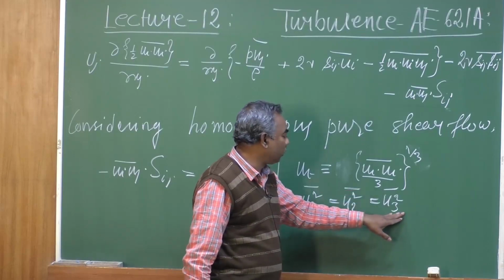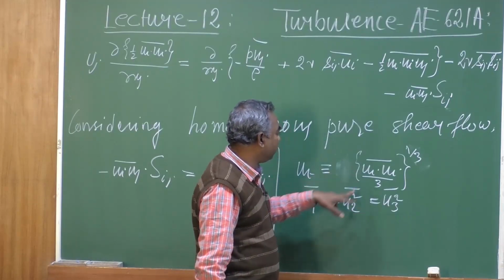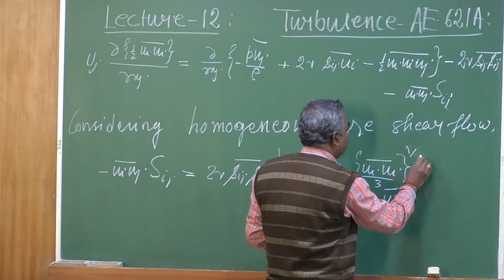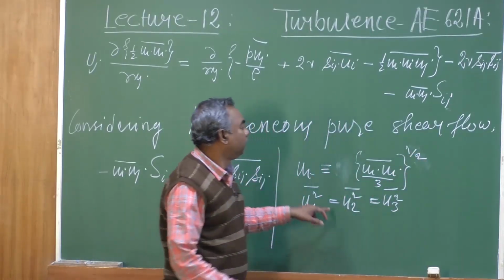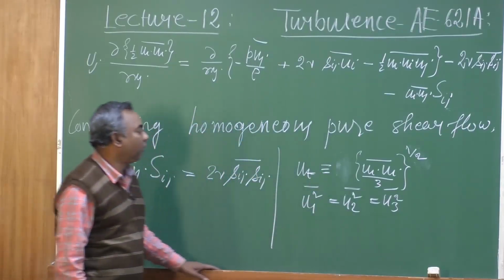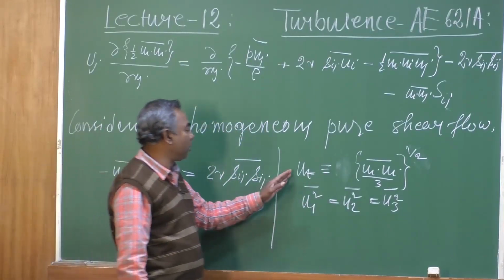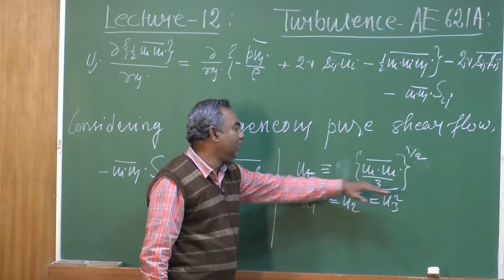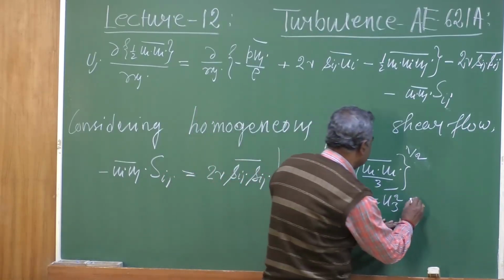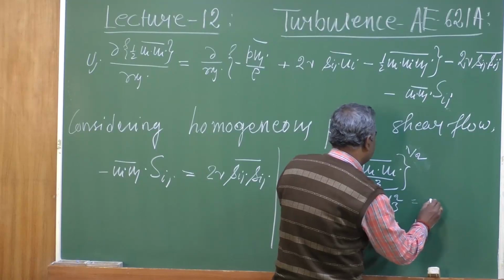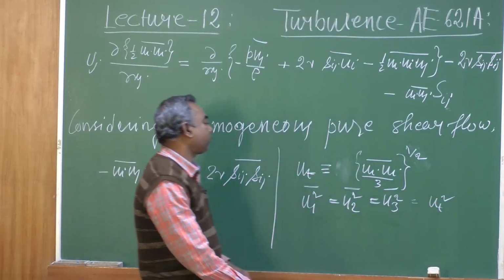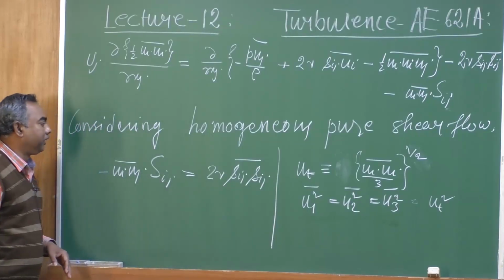In the case of isotropic turbulence all 3 are equal, so this should be half. So, this is how the ut scale can be defined. By definition the turbulent velocity scale can be considered as this, and for the isotropic turbulence case this equals nothing but ut square. Okay, so that is what it says.